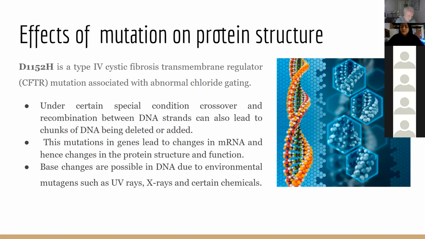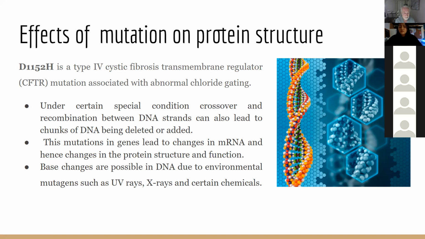Our mutant D1152H is a type 4 of cystic fibrosis transmembrane regulator. And this mutation is associated with abnormal chloride gating. And under certain special conditions, crossover and recombination between DNA strands can also lead to chunks of DNA being deleted or even added.